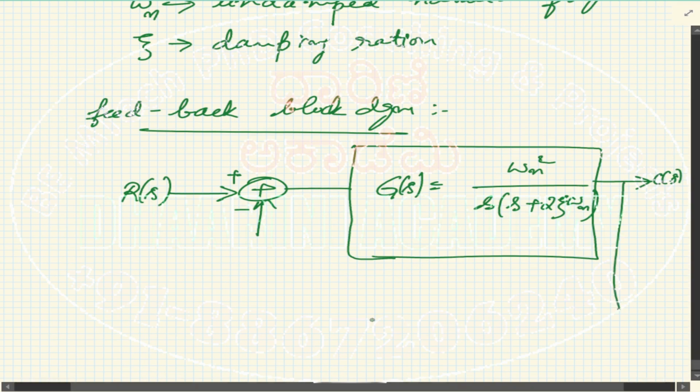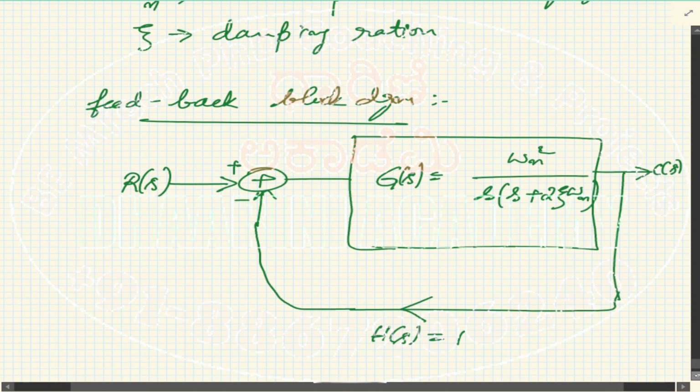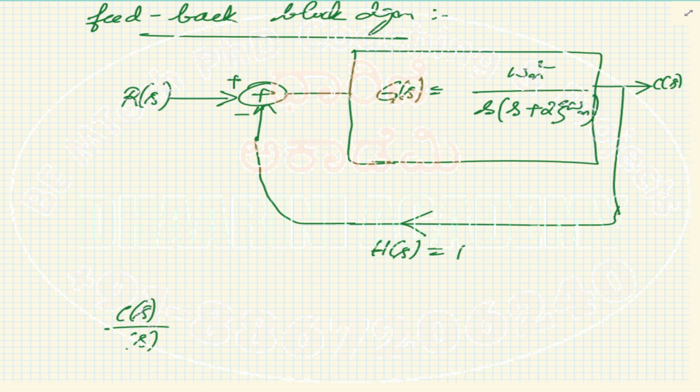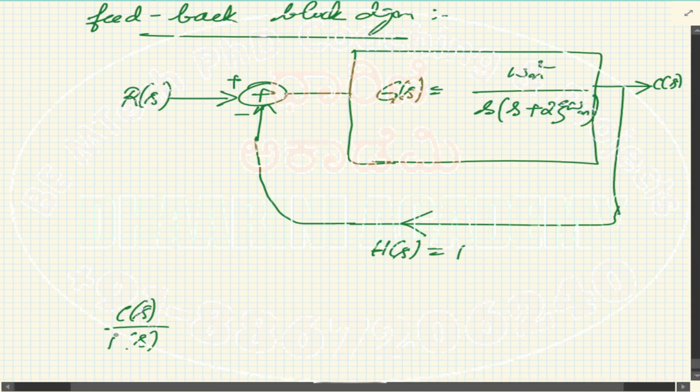Now take this and give it as input with a unity feedback. Okay, so this is the H of s equals to 1. Okay, so now what is the C of s by R of s for this system? My mistake, not H. What's the general equation? Consider this to be in terms of G and H, right?